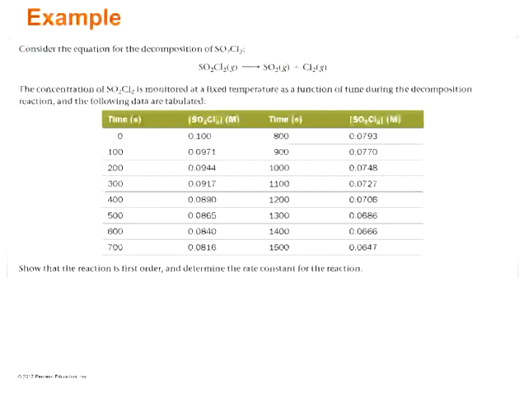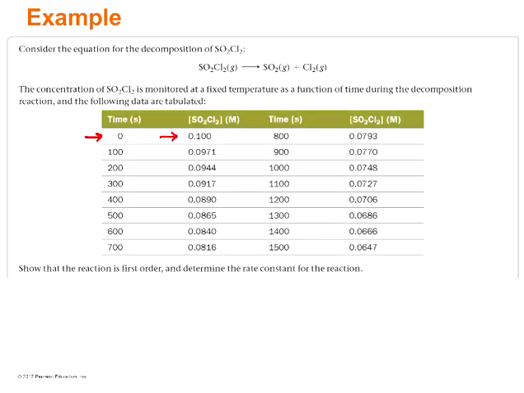So we have time 0 and our initial concentration of our reactant. And then after every 100 seconds, the concentration is recorded. So we want to show that the reaction is first order, and we want to determine the rate constant for the reaction. So remember that is K.